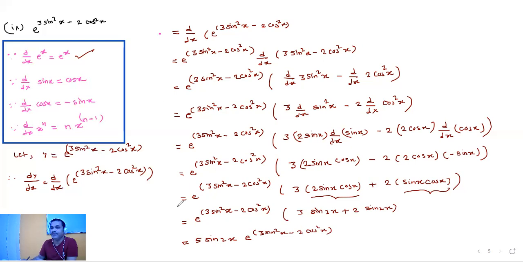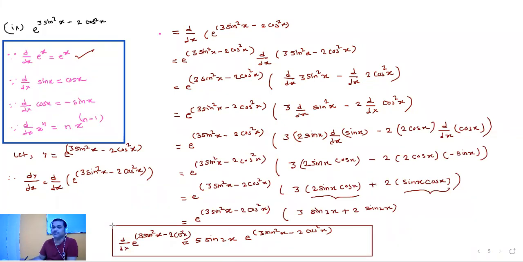Okay. And the question is d by dx of the derivative of e raised to 3 sine square x minus 2 cos square x. So the answer is this. Let me put it into a bracket. So this bracket is the solution for question number 9.